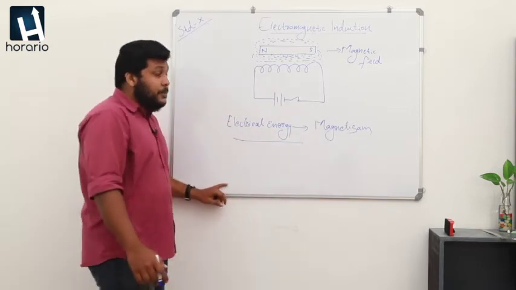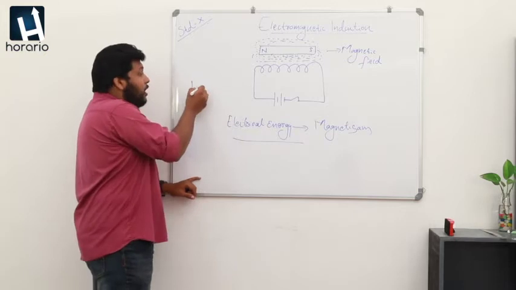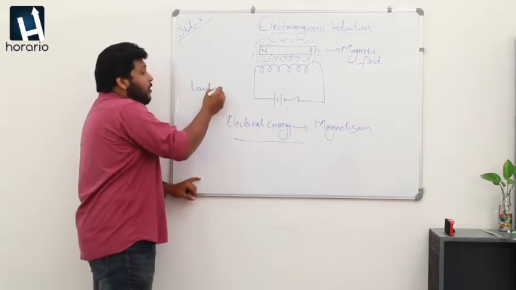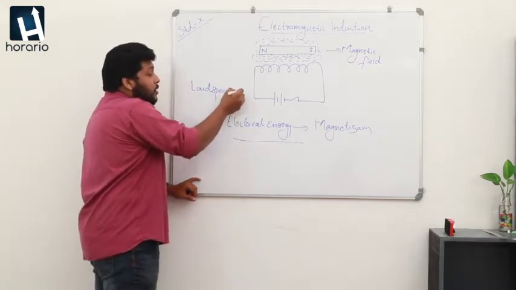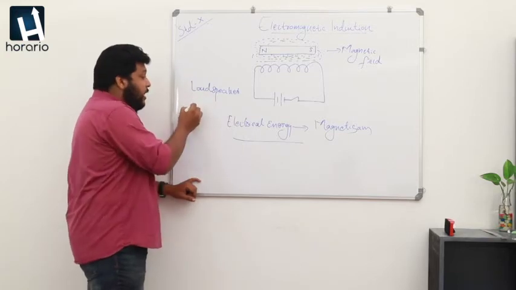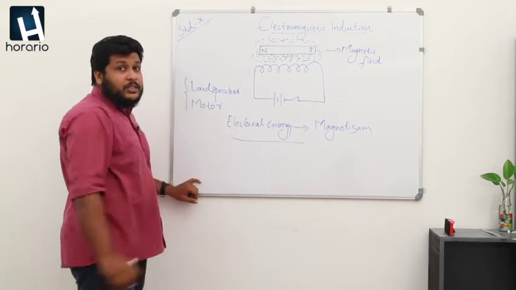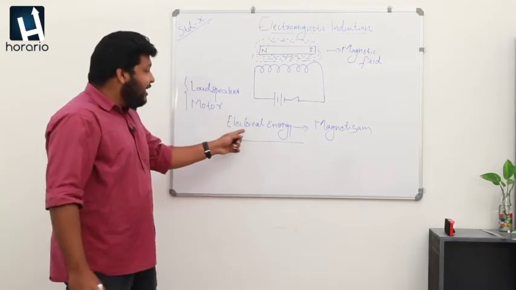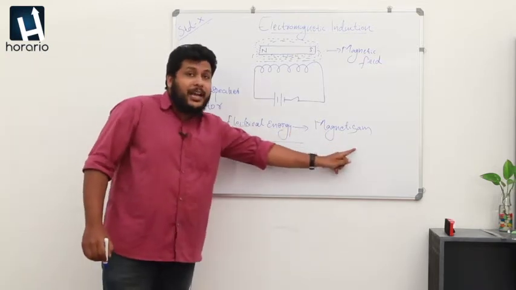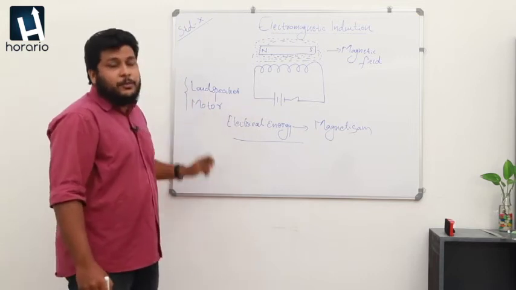In the second chapter, we discussed how the loudspeaker works. Also, we discussed a motor. In these two electrical equipments, electrical energy helps to form the magnetism inside them.